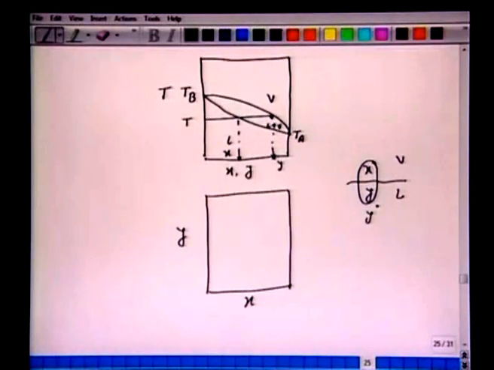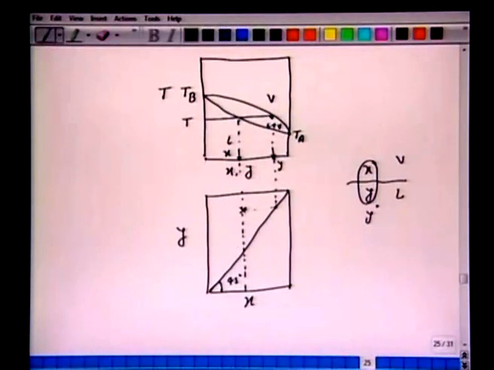Now if you want to plot y versus x, the best would be first to draw this 45-degree line. We take this projection x, and corresponding to this liquid phase x, vapor is in equilibrium, so this y we can extend to the 45-degree line and move in this direction to obtain this coordinate.